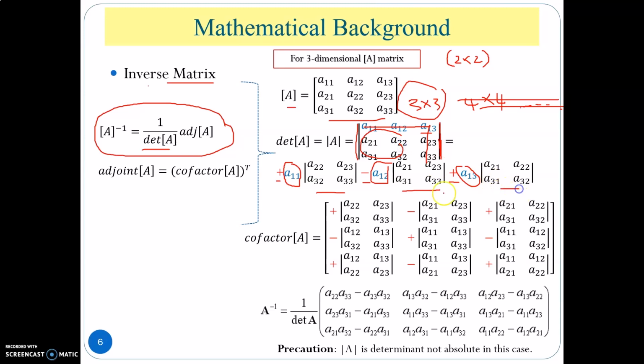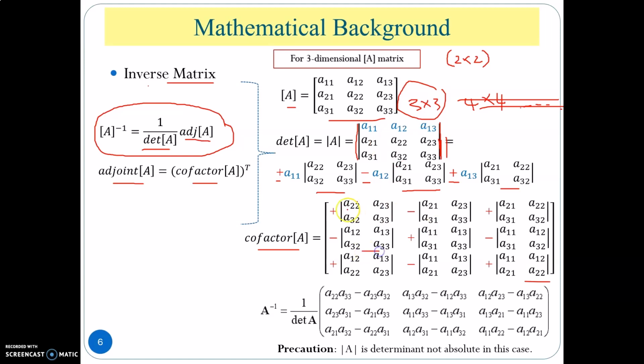So you can continue to find the adjoint, and the adjoint is equal to the cofactor of A, and then you take the transpose. The cofactor of A can be found by this formula, where the first row is positive, negative, positive, the second row negative, positive, negative, and the third row positive, negative, positive. To obtain the first element here, you cross this and then you take the determinant to be this answer.